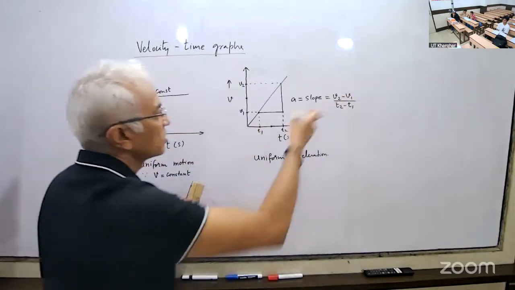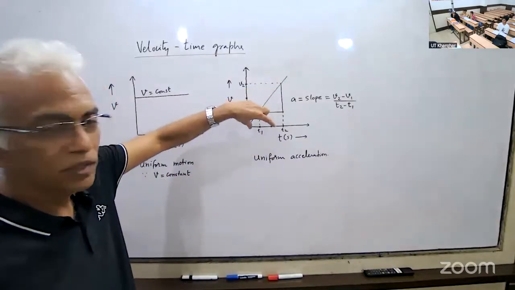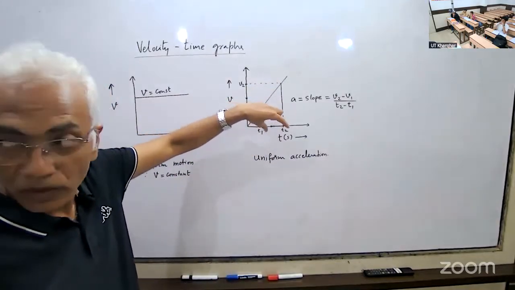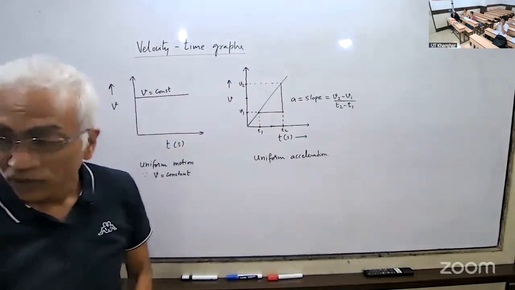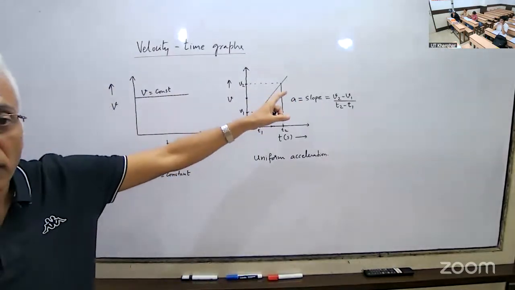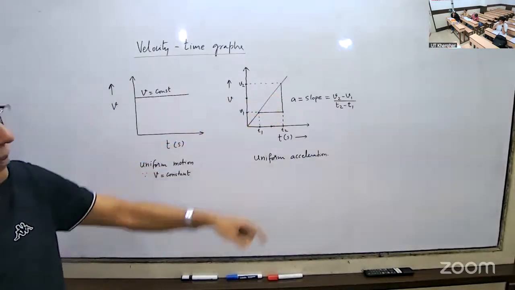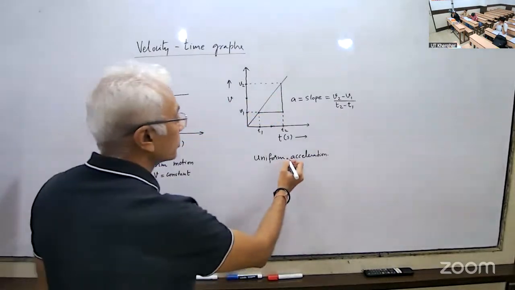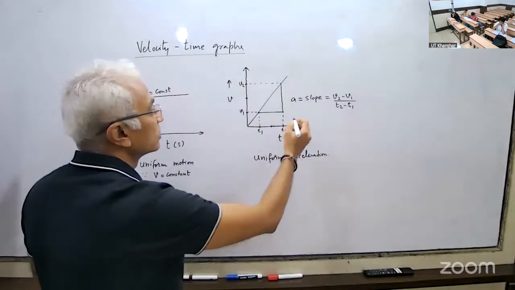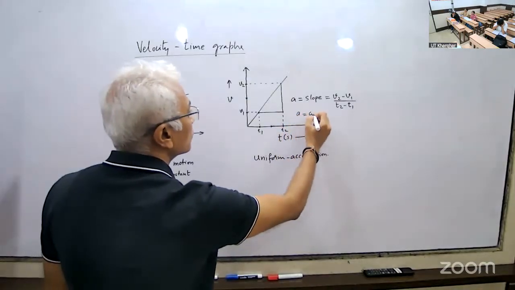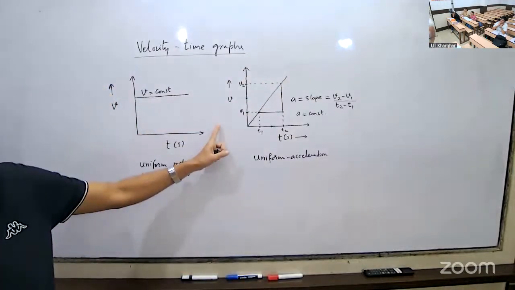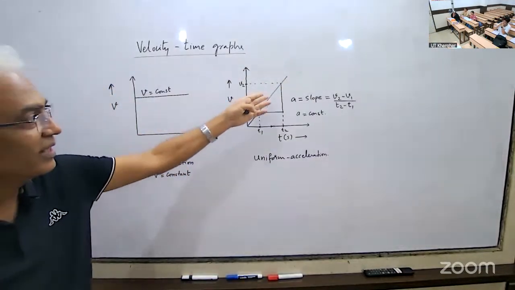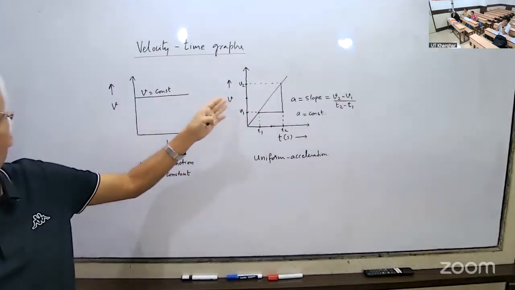So this is change in velocity upon change in time. Change in velocity upon time is acceleration. Correct? So this is average acceleration. Okay. So slope is constant. Why is slope constant? Because it is a straight line VT graph. So if I select any 2 points, I will get the same answer.